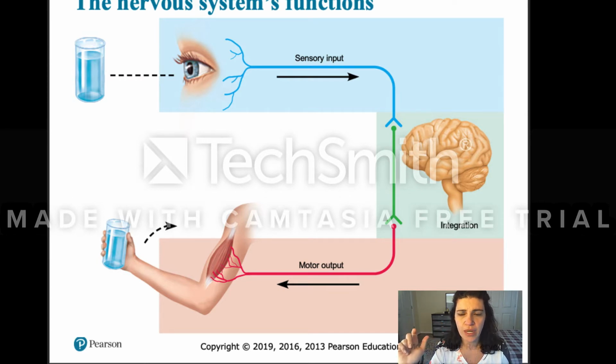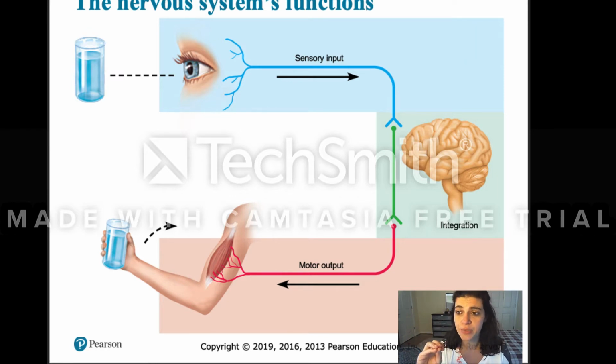So there's always a sensory input. It gets to the brain. In this case, it's through the optic nerve, right? That allows you to see. In this case, it goes to the occipital lobe where you have a cortex. We're going to learn all this. That is responsible for you being able to see the cup.